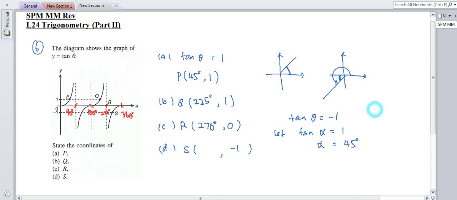If you want tangent to be negative, it must be the second quadrant, ASTC, or the fourth quadrant. In this case, this is the fourth quadrant, so the 45 is here. So we just take 360 degree minus 45 degree, so we get 315 degree. So the coordinate for S is 315 degree, negative 1.